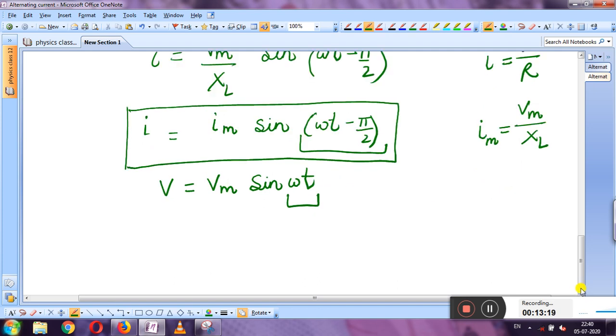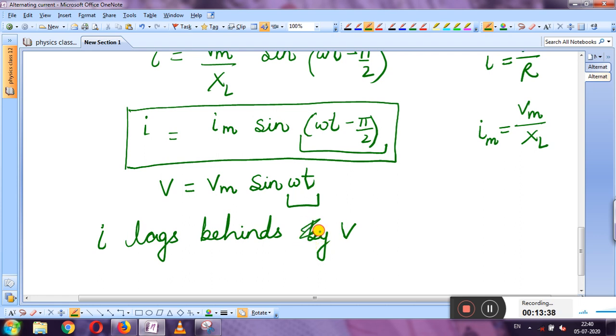That means we can write that current lags behind voltage by pi by 2 radian.